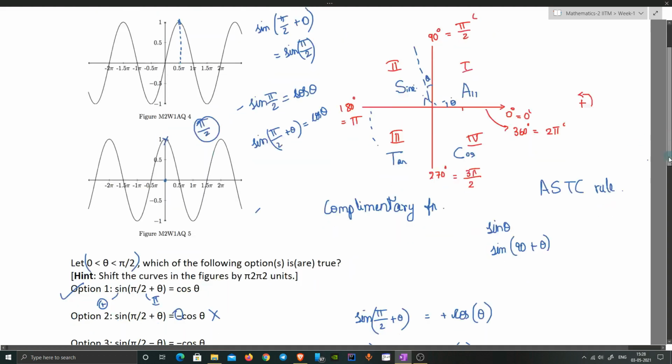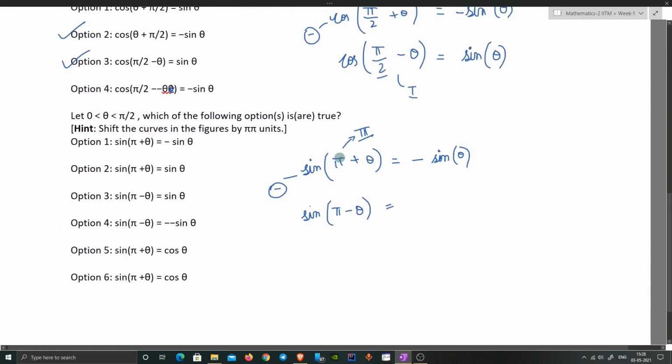So we can neglect this pi. What about pi minus theta? Pi minus theta is in the second quadrant, so because of pi there is no need to convert it to cos. We can simply write sine of theta. So the first option as well as the third option are right.